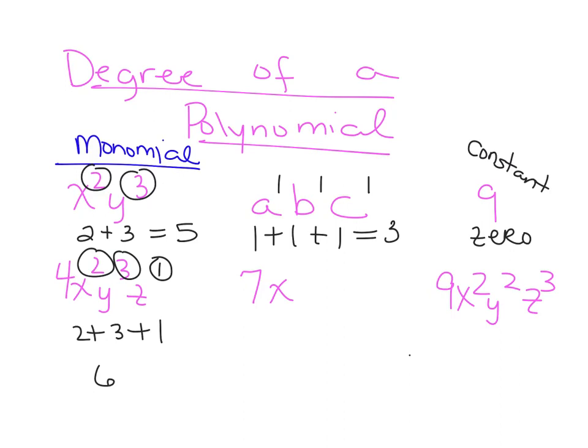Again, the 7 doesn't really mean anything, but the x has an imaginary 1 on it. So the degree of that monomial is 1. Okay, 9x squared y squared z cubed. Again, focus on the exponents. The 9 doesn't have anything to do with the degree. So 2, 2, 3. If I take 2 plus 2 plus 3, that's 7. The degree of that monomial is 7.